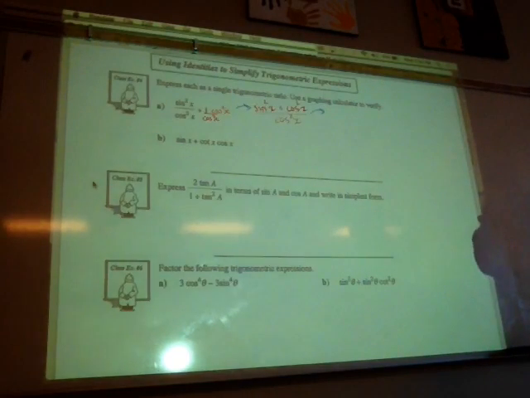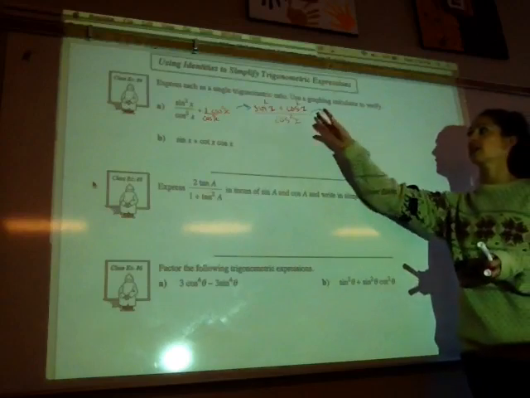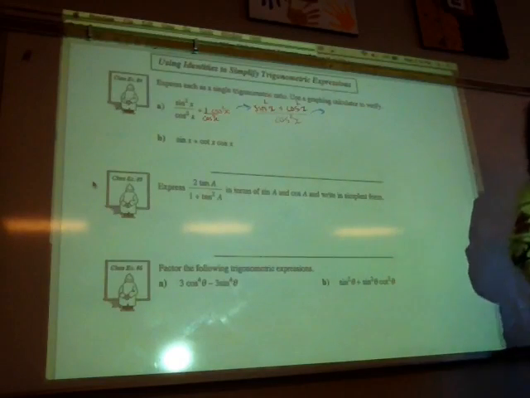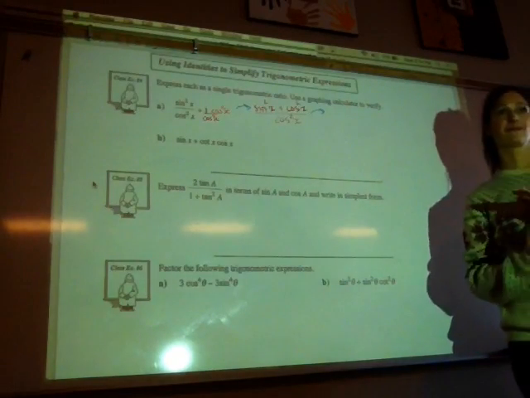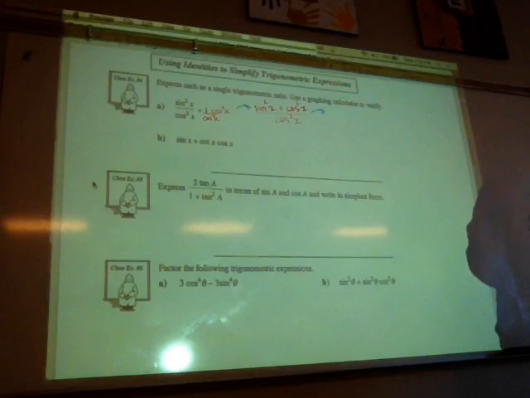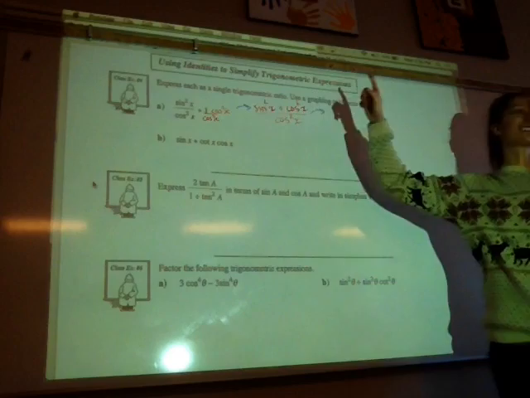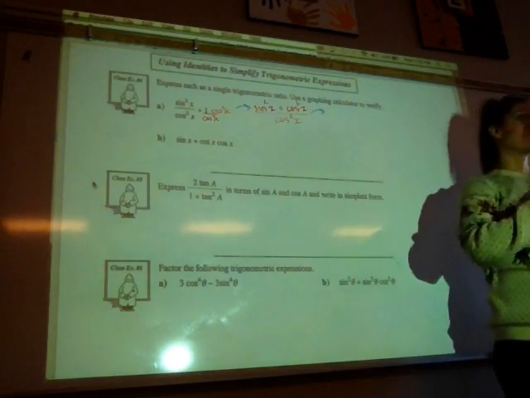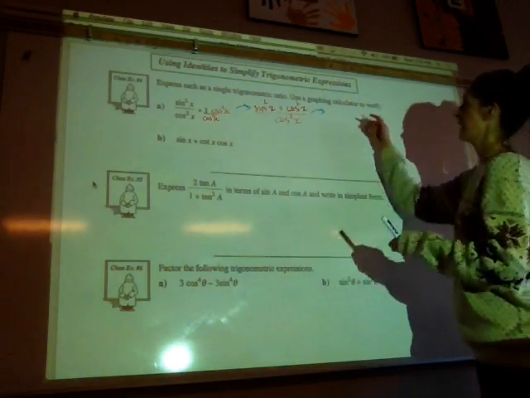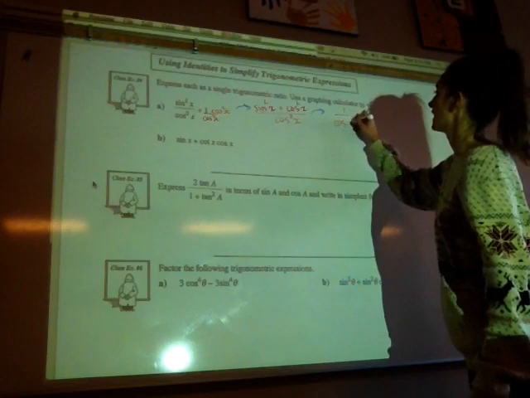Okay, but there's an identity, and this is where I want you guys to be looking back to those identities. Do you see anything that can be replaced here? Pardon? Sine x squared plus cosine x squared, that equals 1. Perfect. Good, so now we have 1 over cosine x squared.